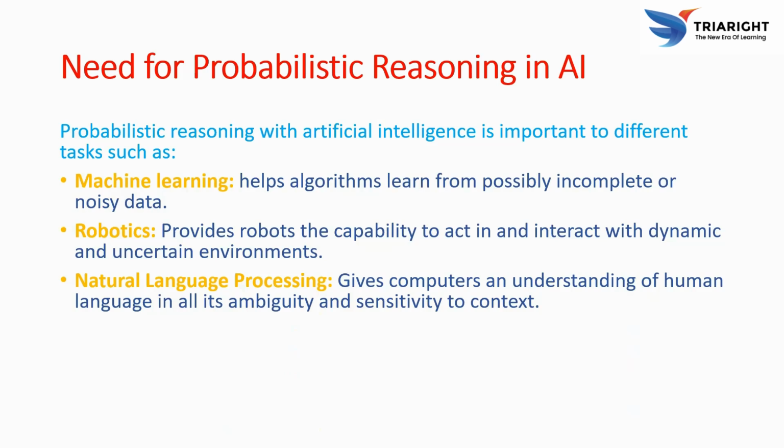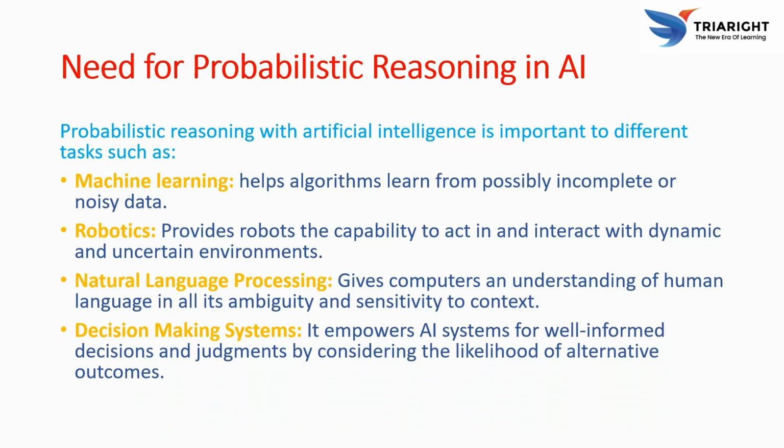Human language is inherently ambiguous: words with multiple meanings, subtle body language and body actions, slang and slogans, incomplete context. Probabilistic models help NLP systems determine the most likely meaning of words and sentences based on the context, statistical patterns, and prior knowledge.